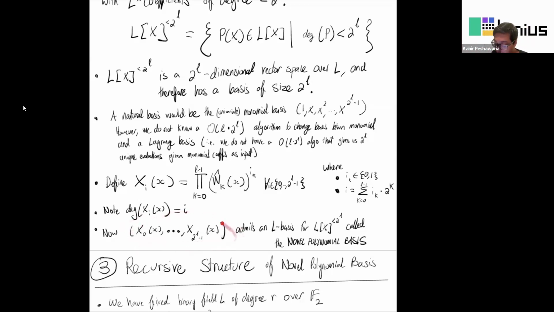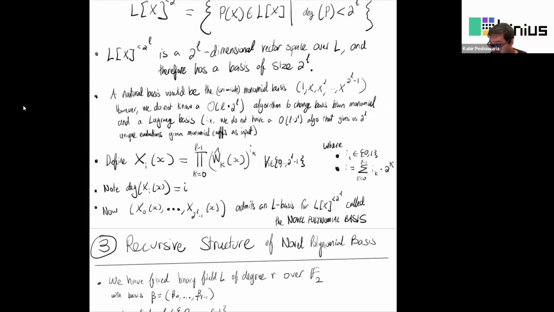Basically, you just need to check that this spans this ring. Anyways, I'm sort of yapping, so I will move on, but just take my word that this is indeed a basis for this ring, and we call it the novel polynomial basis, and here's how it's defined.